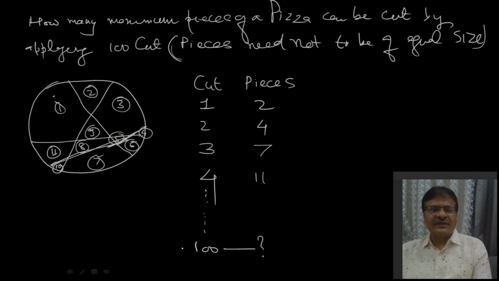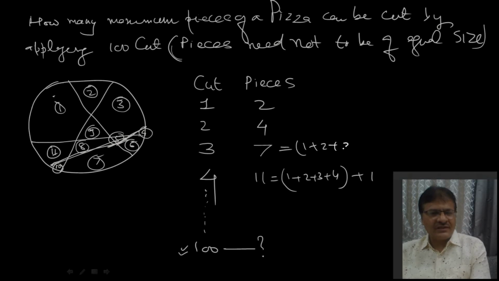This is my question. If I apply 100 cuts, how many pieces will I make? Can I write this 11 as 1 plus 2 plus 3 plus 4 plus 1? Can I write this 7 as 1 plus 2 plus 3 plus 1? Can I write this 4 as 1 plus 2 plus 1? 1 plus 1.